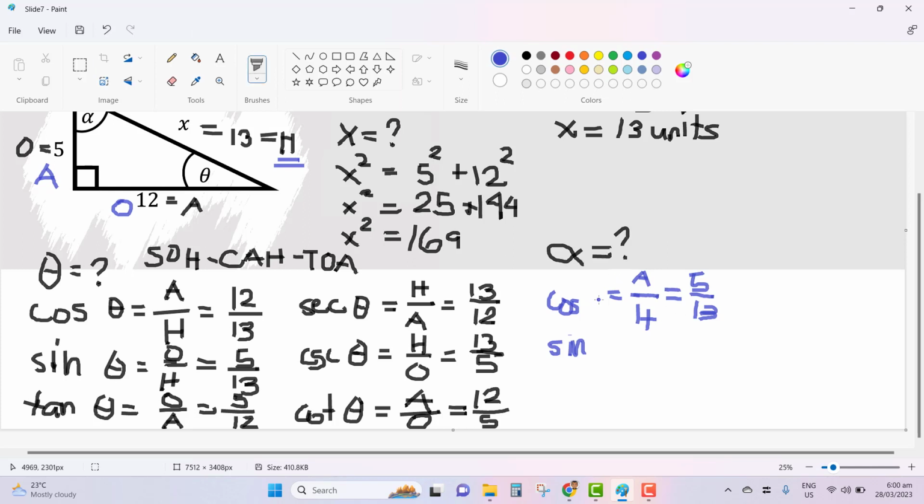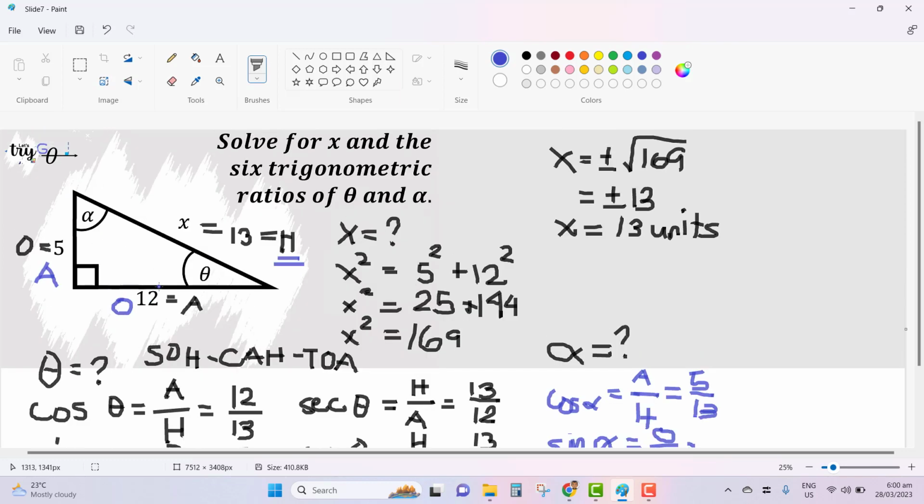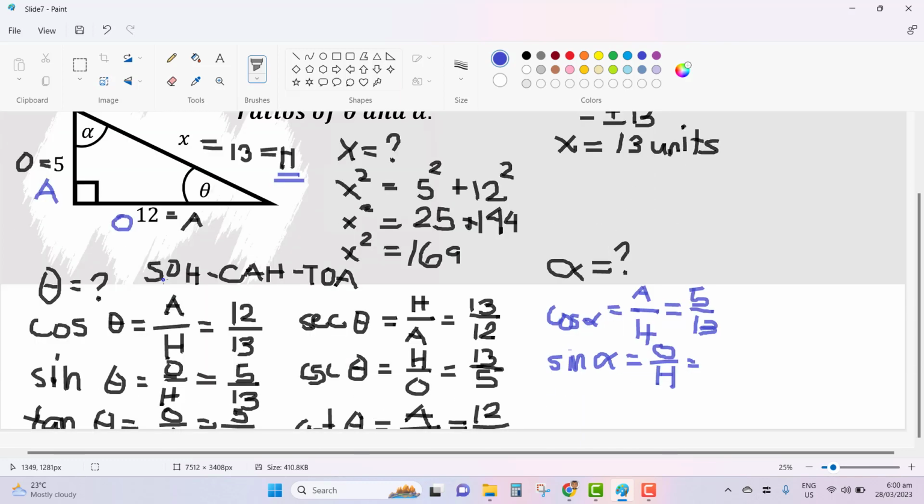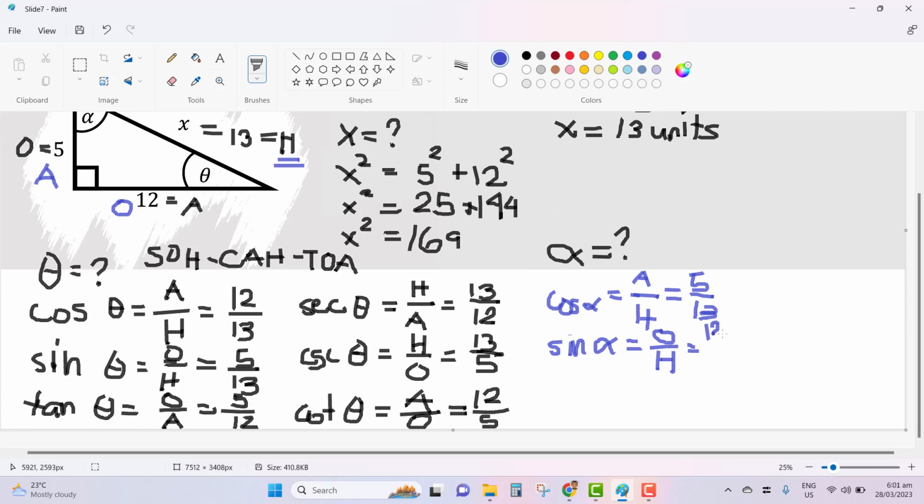This is alpha. So let's have sine alpha. Still, the technique in solving trigonometric ratios will not be changed. It's still opposite over hypotenuse. It's just that the values are now not the same for opposite and adjacent. It's 12 over 13.